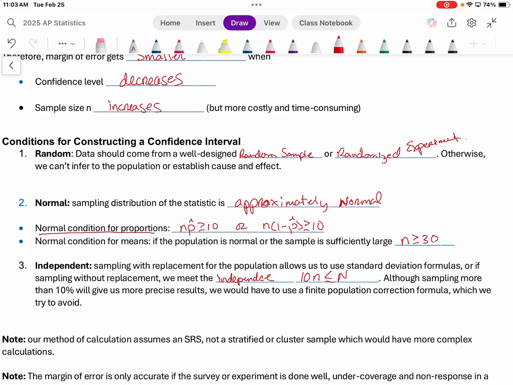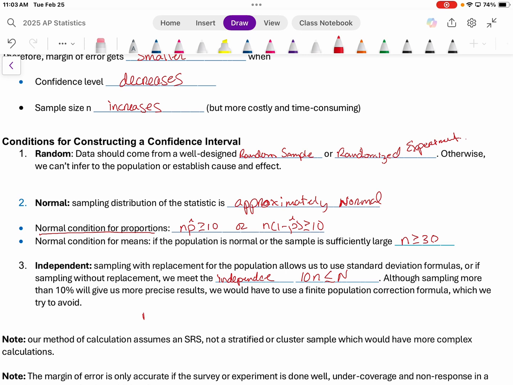So again, we have those conditions of random, normal, and independent, like we started doing over the last several chapters. If I meet all three of those things, then I can go ahead and compute my confidence interval. If I fail one of them, I've got to stop. I can't do it. If you fail one, we stop. We don't do a confidence interval.